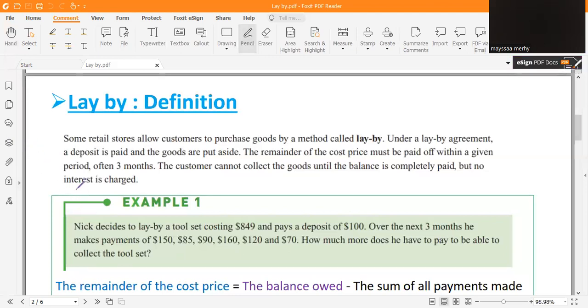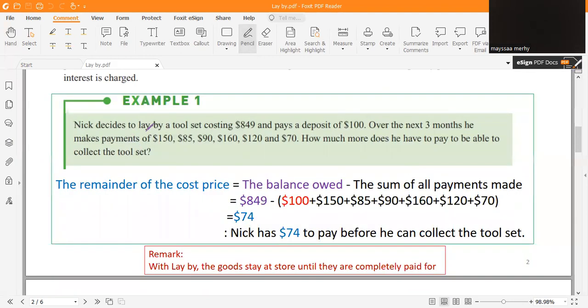So normally, the advantage of lay-by is that under this agreement, no interest is charged and the goods can be put aside in the store until you have paid the whole price. For example, Nick decides to lay by a tool set costing $849 and pays a deposit of $100.